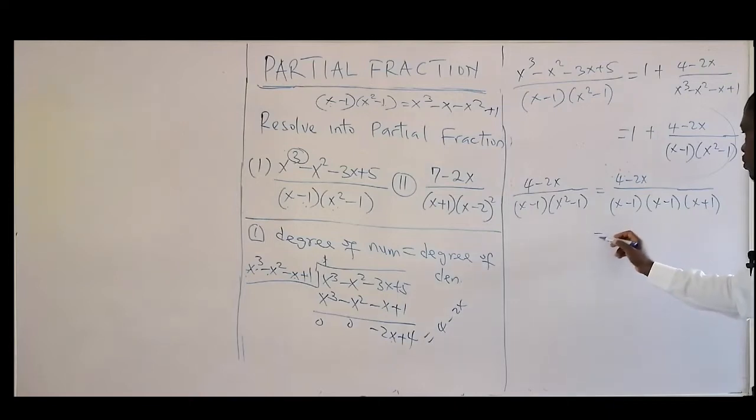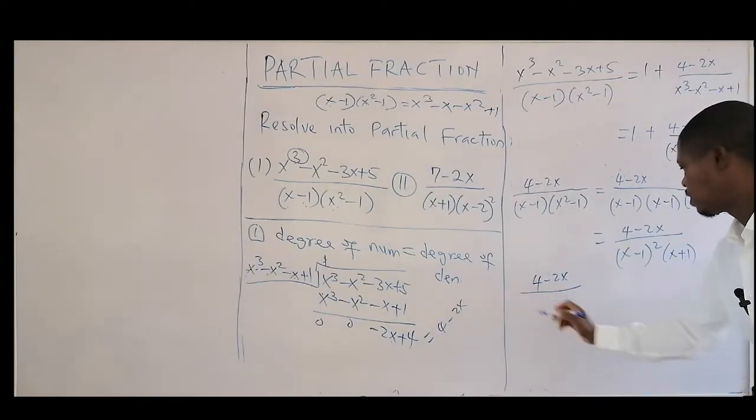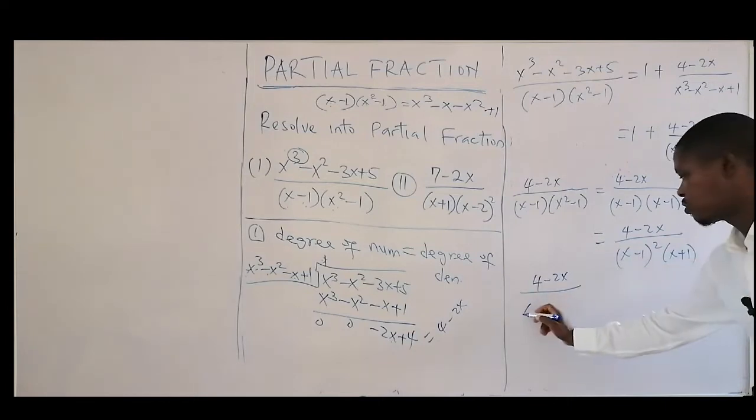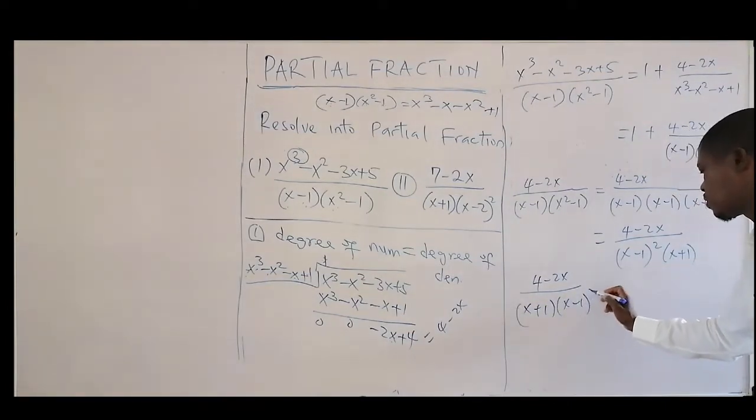And that will give us 4 minus 2x all over x minus 1 squared into bracket x plus 1. We can write this one first, x plus 1 first, then followed by x minus 1 squared.